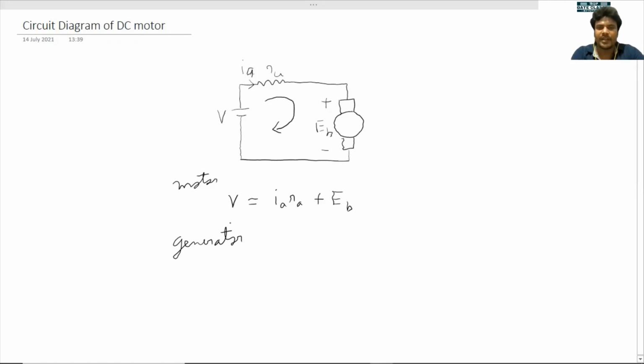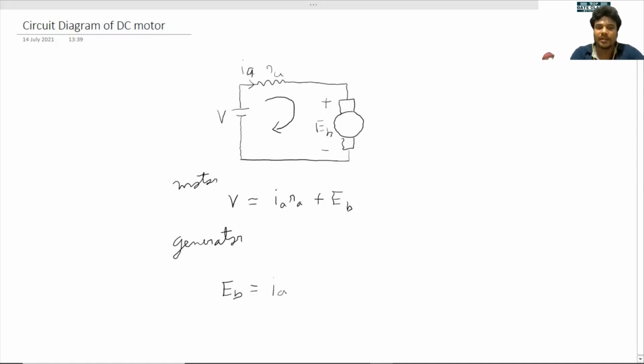So in that case, the current direction will be reversed, and EB will be the EMF generated by the armature. The mechanical power rotates the rotor, and the power is converted in electrical form by the EMF induced in the armature winding, and which is brought up externally to connect the load. So in that case, the current will be reversed.